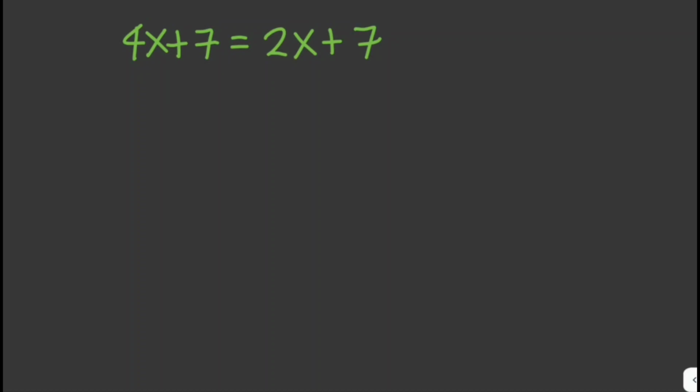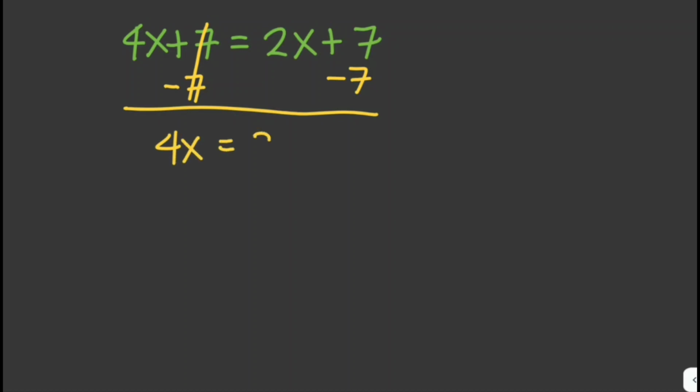Okay, let's solve another equation here. We have 4x plus 7 equals 2x plus 7. So let's solve for the value of x. Subtract 7 from both sides. So that cancels out. So we have 4x equals 2x. This is 0. So 0. And then subtract 2x from both sides.